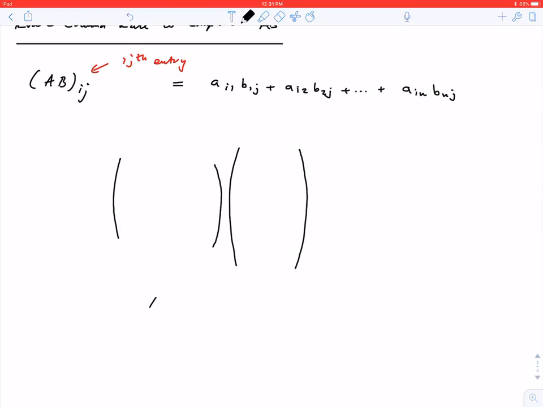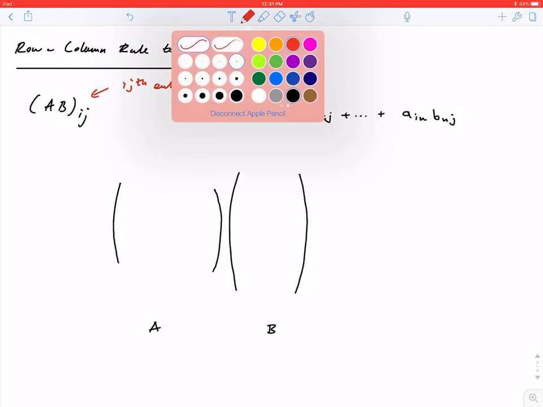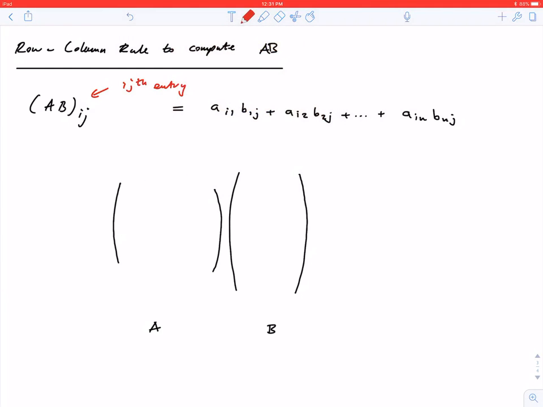For this to match up, to be able to do a matrix multiplication at all, you need the dimensions to be appropriate: the width of the first has to be the same as the height of the second. That's the first thing. M by N, N by P. Is that right? Something like that.